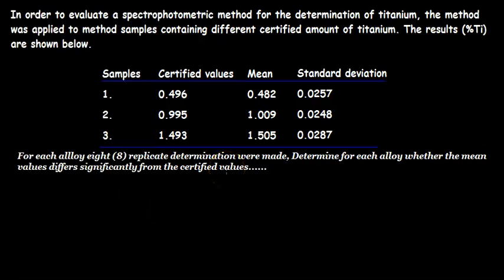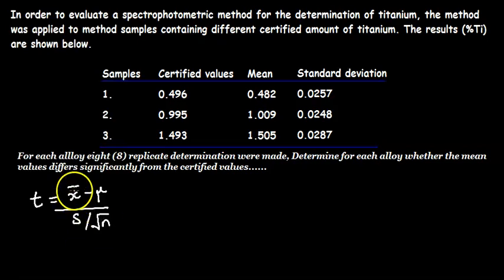Alright, how can we solve this problem? In order to determine whether the mean value differs significantly from the certified value, we can perform the t-test. The t-test is given by t equals x bar minus mu, divided by s divided by the square root of n.